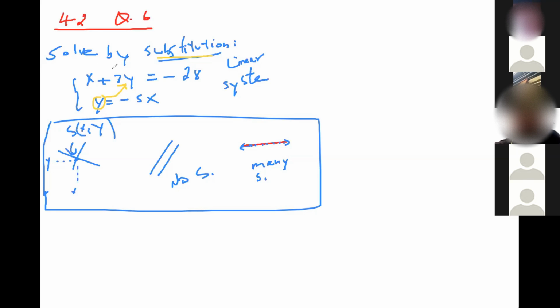So you look at the two equations and look for the variable that's by itself. If you don't have a variable by itself, then you have to isolate it. Let's say we didn't have y by itself here. You could isolate the x here by moving this over. Once you get the x by itself, then you can plug it into the other equation. But luckily here we have a variable that's by itself, so we're going to plug y into the equation.